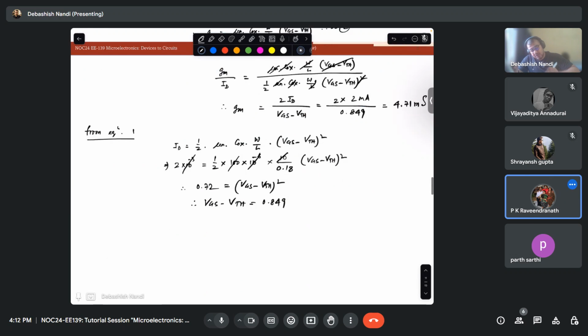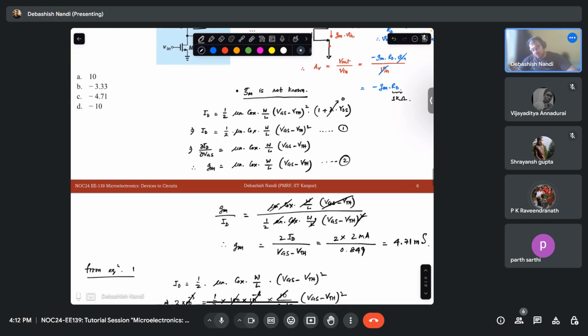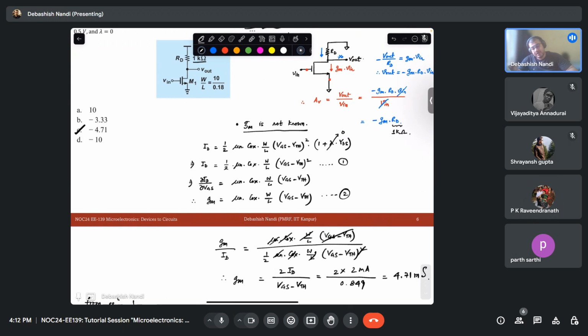So now you have your AV is equal to minus GM times RD. GM is 4.71 millisiemens times RD is 1 kilo ohm. So milli and kilo will get cancelled, and Siemens and ohms will get cancelled. So it will be minus 4.71. Okay. So your gain will be minus 4.71.